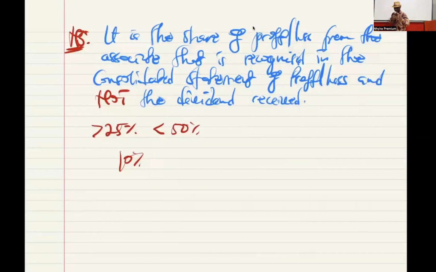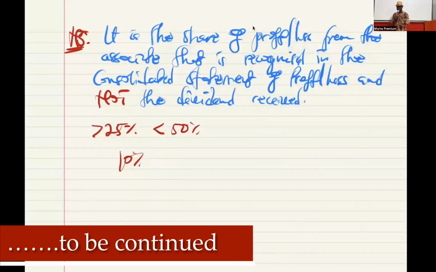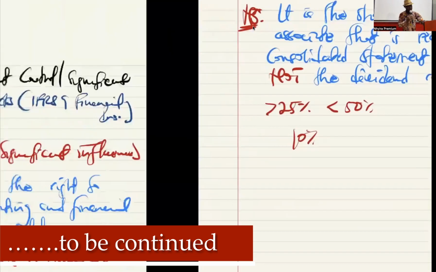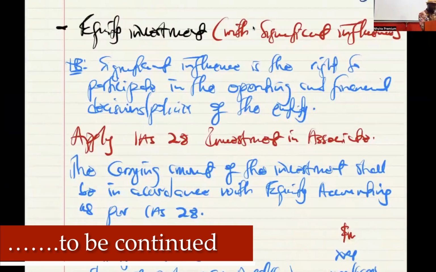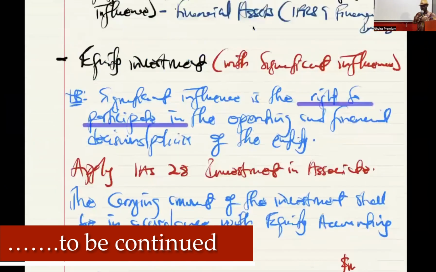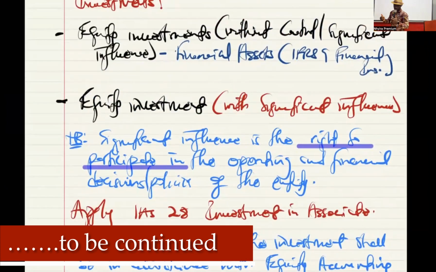So like we said, we are having 25% or more, but below 50%, or we have a representation on the board, or like the main definition that we gave earlier, we participate in the operating and financial decisions or policies of the company. Any of these scenarios will give us significant influence. And that is the second type of investment that we make as a company.